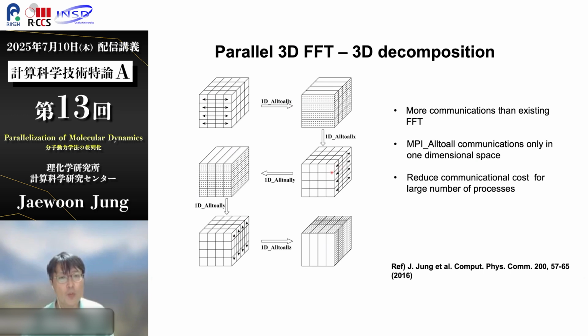And to perform FFT in this direction, we perform MPI alltoall among these 4 processes. And we can make this way and perform FFT in this way. So this one requires more communication than the existing FFT. But the good thing is that the number of processes involved in the communication is small. So this one will not be useful when you consider a small number of processes. But if you consider a very large number of processes for a very large system, this one can be very useful.